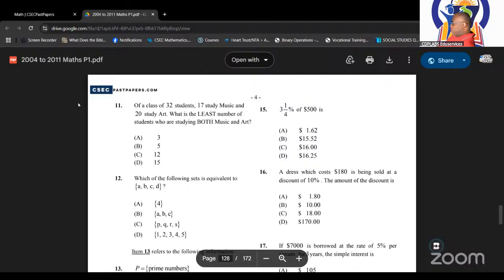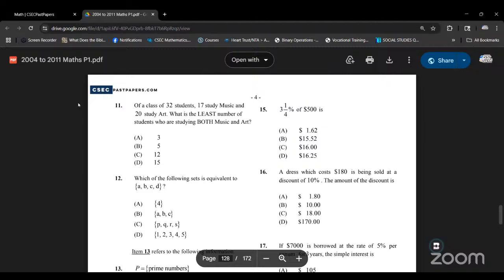What do you have to do? Find 1/4%. So we found 3% already, right? Which is $15. What would be 1/4%? Yeah. How much?